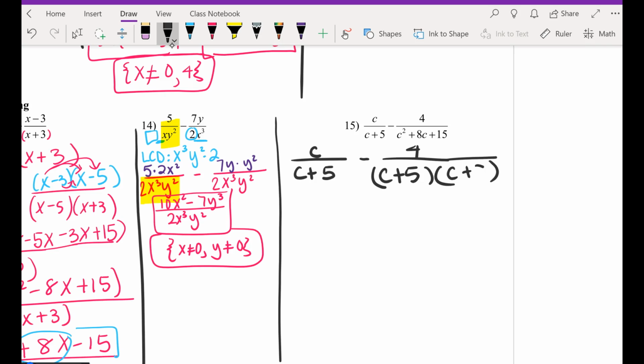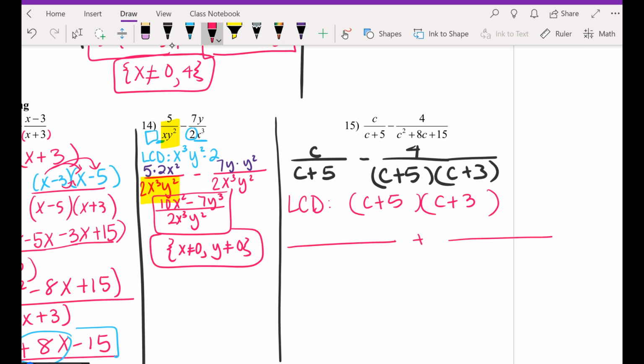Good. Okay. Now, let's talk about the lowest common denominator. Gemma, what do you think the lowest common denominator is? Can we agree? Yep. So now that Gemma's giving me a nice common denominator, right? Bar plus a bar.